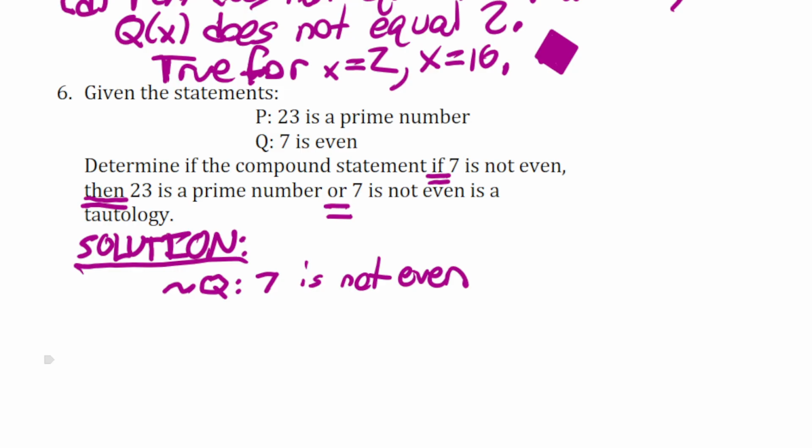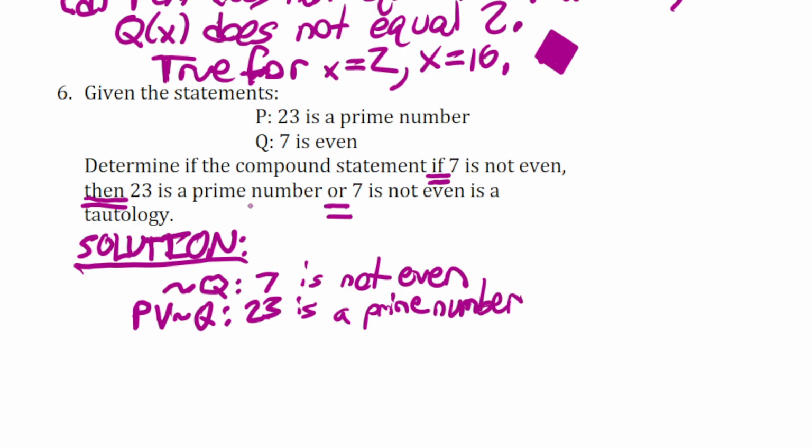So, let's write down the second statement. 23 is a prime number, or 7 is not even.